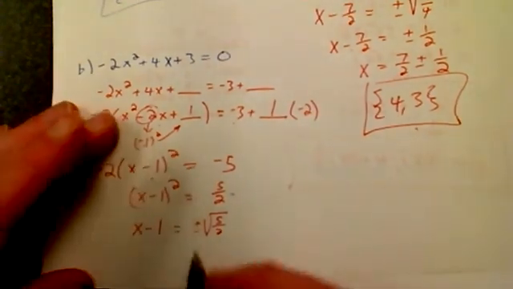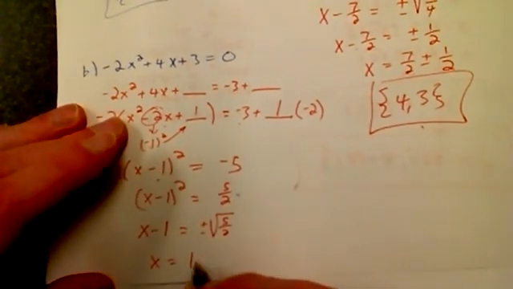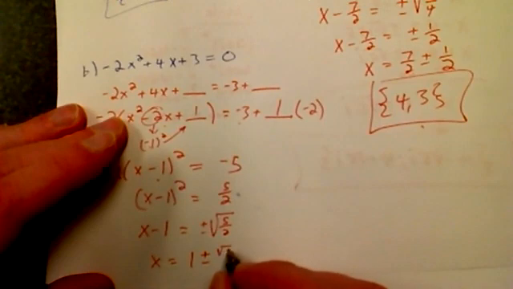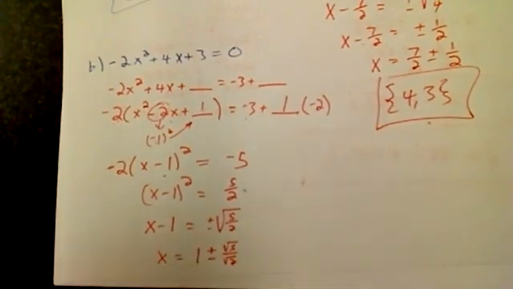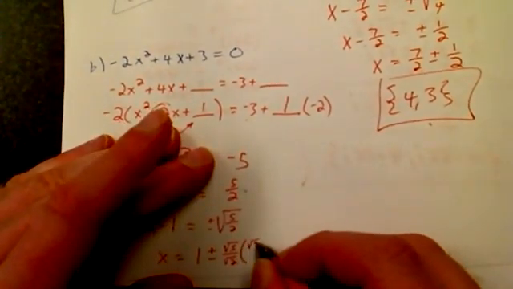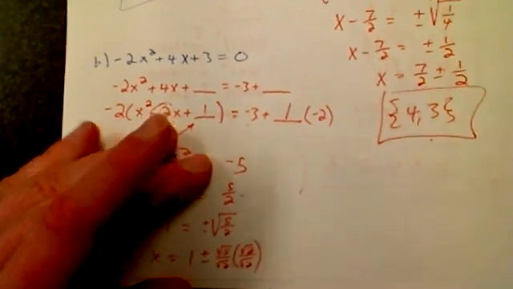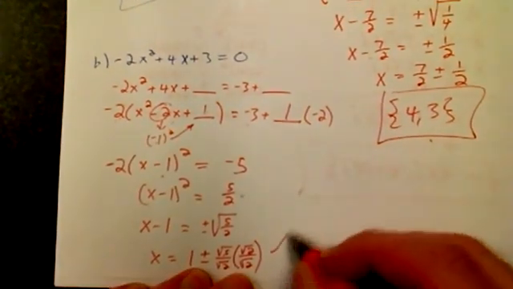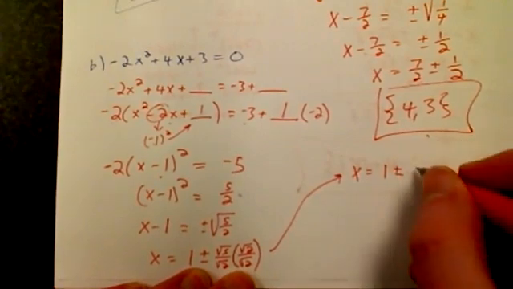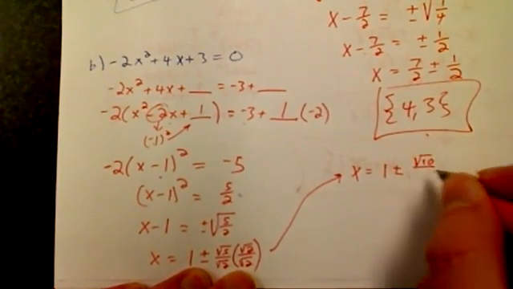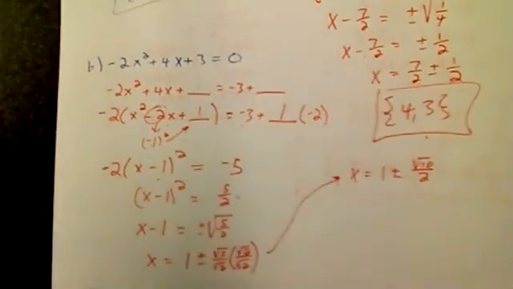That means x equals 1 plus or minus root 5 over root 2. And if you remember from your algebra, you don't like square roots in the bottom, so I'm going to fix that by multiplying by square root of 2 over square root of 2. So x equals 1 plus or minus root 10 on top over 2 on the bottom.